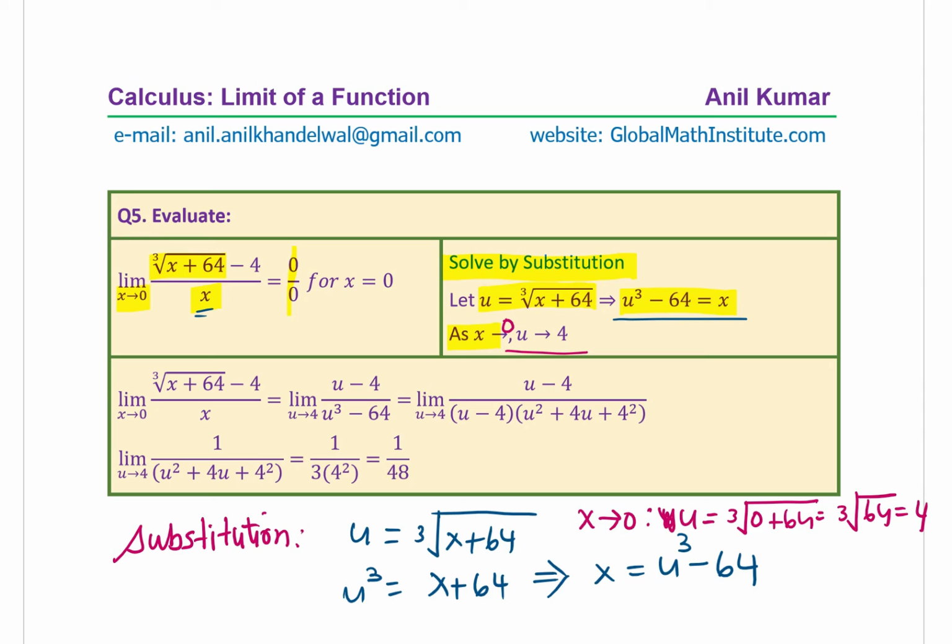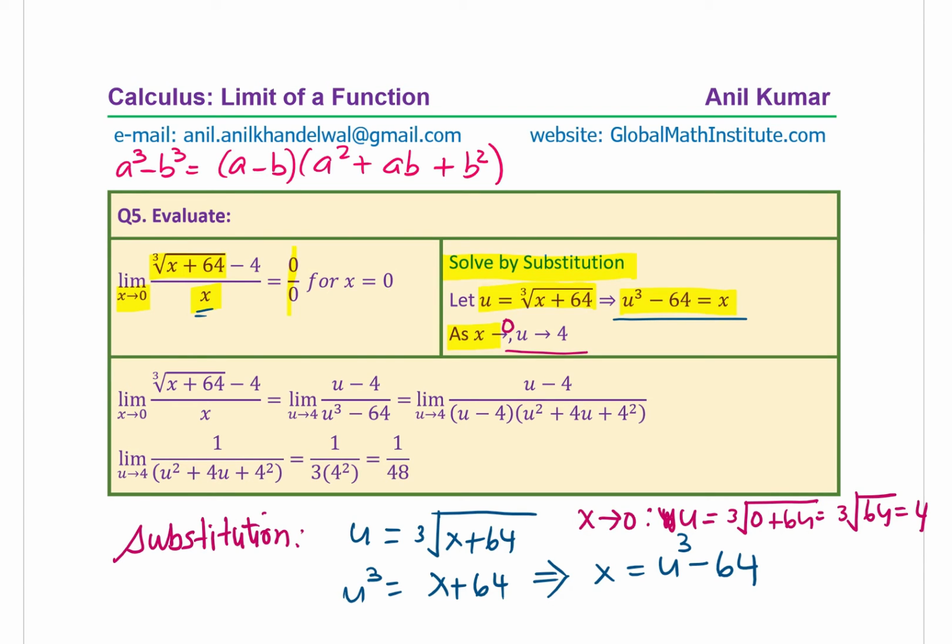So we could now simplify this using the formula for factoring a cube minus b cube, right? Let me rewrite here the formula: a cube minus b cube is equal to a minus b times a square plus ab plus b square. A very important formula which all of you should always remember.